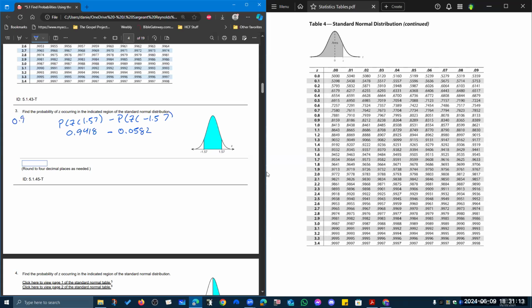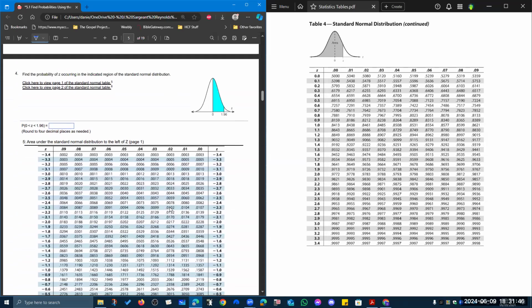I prefer to subtract up and down most of the time. 8 minus 2 is 6. Borrow here. 11 minus 8 is 3. Borrow here. 13 minus 5 is 8. So we have 0.8836.